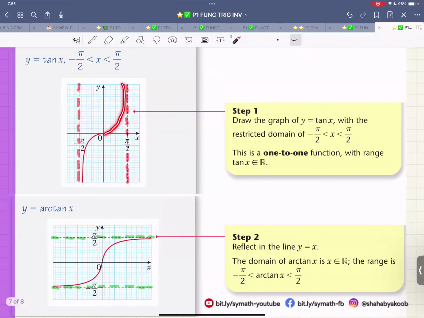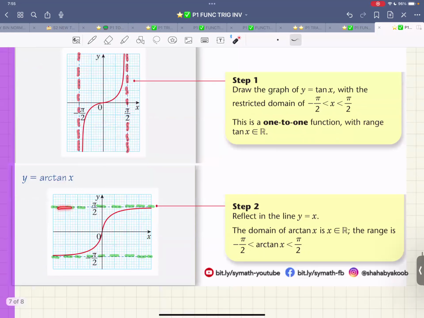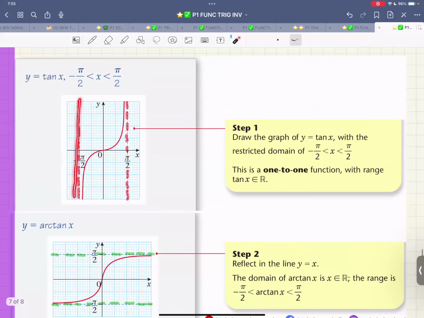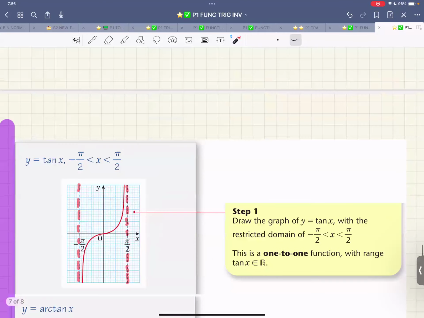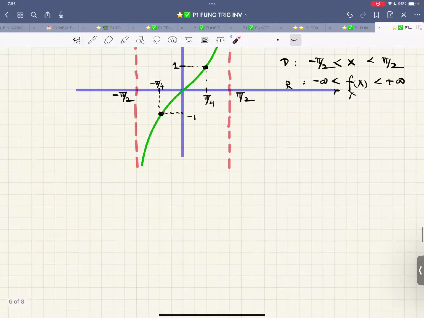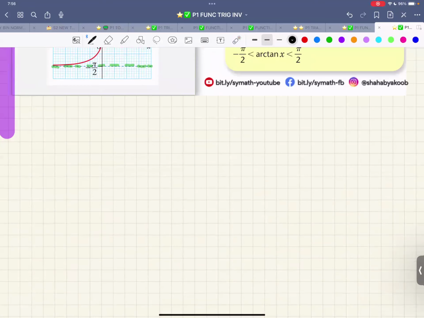Now it got reflected in the line y equals x. So it's something like this. And it's stuck between these two lines. Again, domain becomes the range. Range becomes domain. So that is the basic idea about trigonometric functions and their inverse.